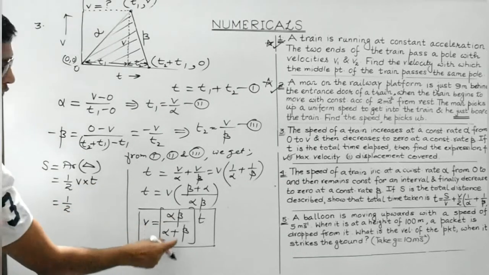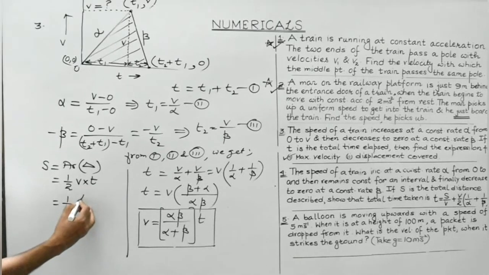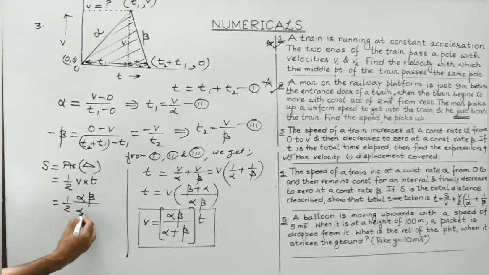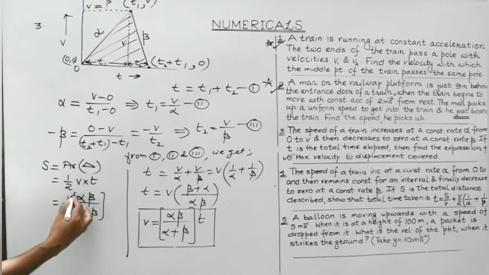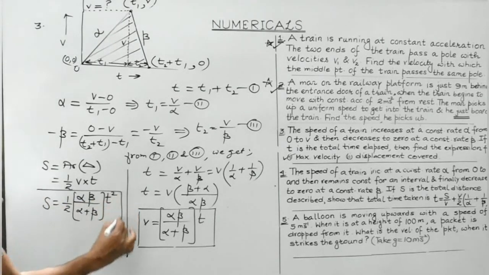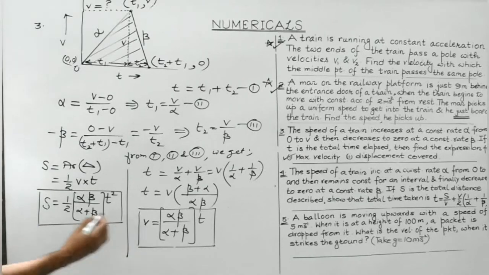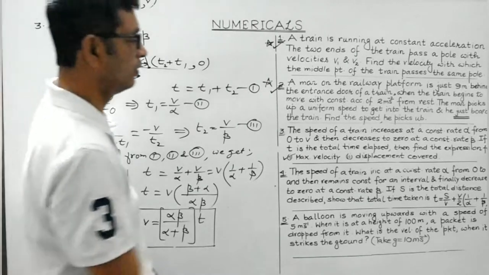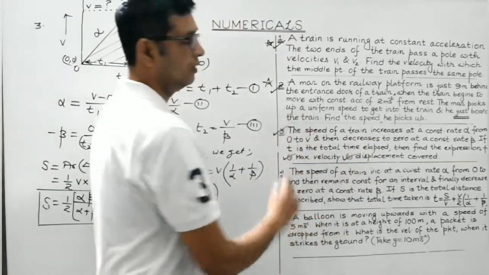So substitute this value of V over here. What you get is alpha beta divided by alpha plus beta multiplied by T square, half of it. This will be the displacement covered by the body. So we are over with the second part as well.